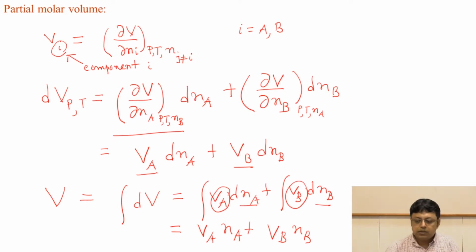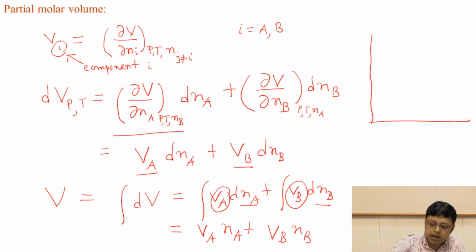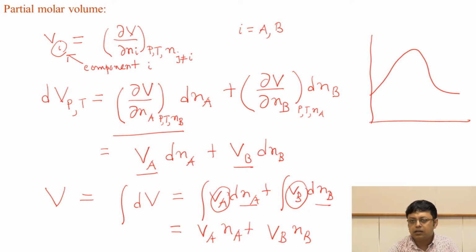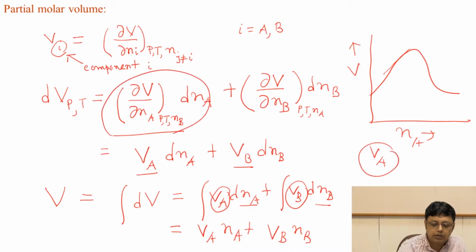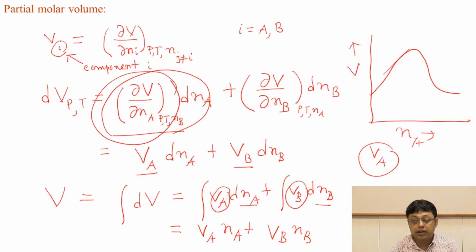Now, how will the curve look if we change some volume? The general nature of the curve is very nonlinear. If we plot V versus the mole fraction of A, the slope of the curve is the partial molar volume, because by definition this is the slope, del V over del NA.